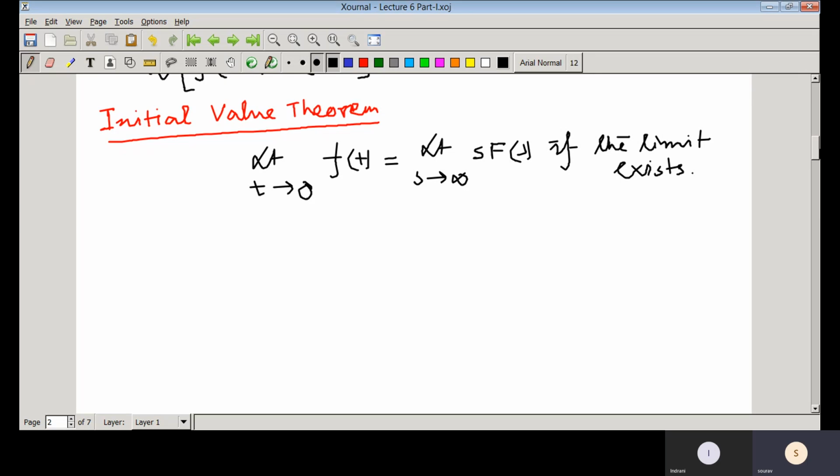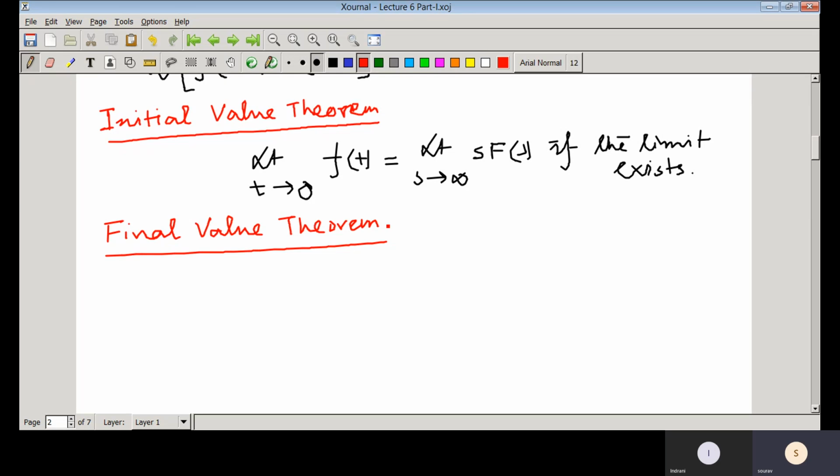And there is another theorem that we will be using explicitly in this course, that is the final value theorem. It is just the opposite of the initial value theorem.